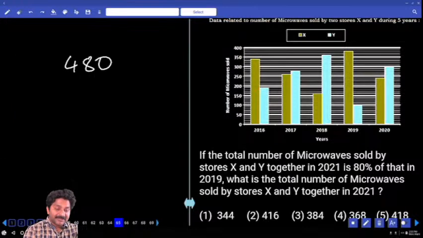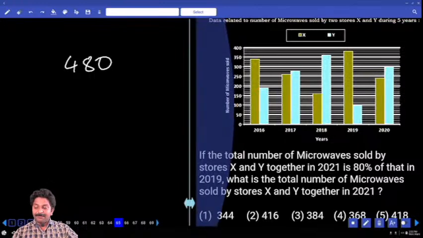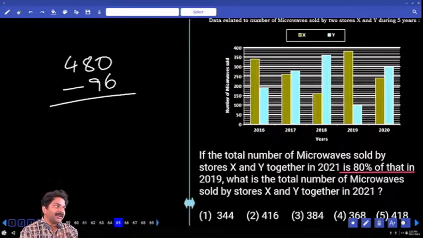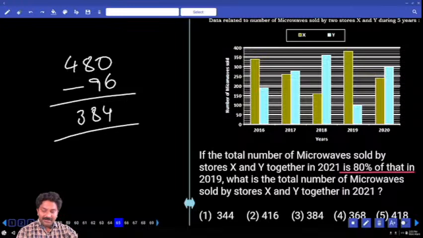Now, with respect to this number, we need to calculate 80% only. Getting 80% is equal to subtracting 20%. 20% is 96 only. Subtract 100, add 4. Subtract 100, 380. Add 4, 384. 384, third option. Yes. Done everybody?